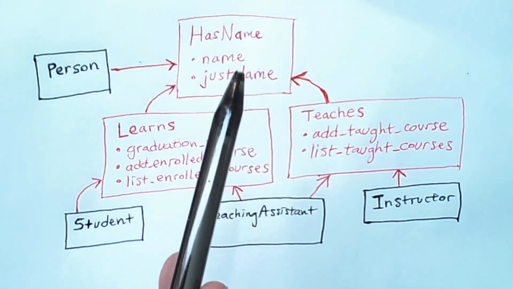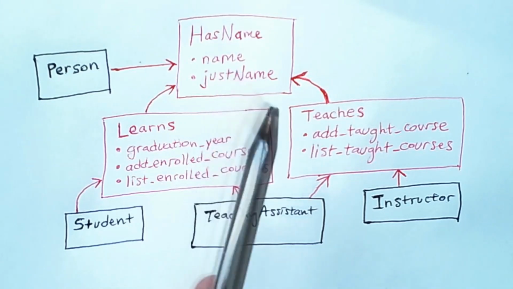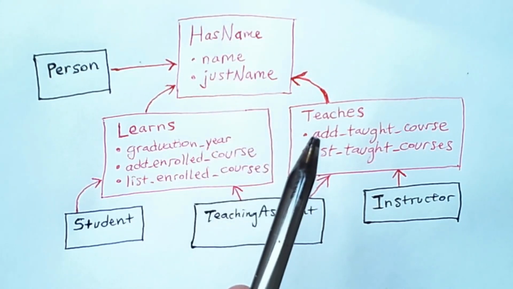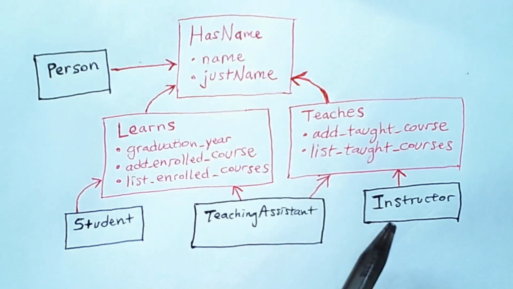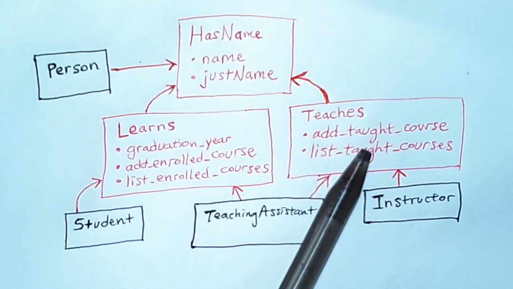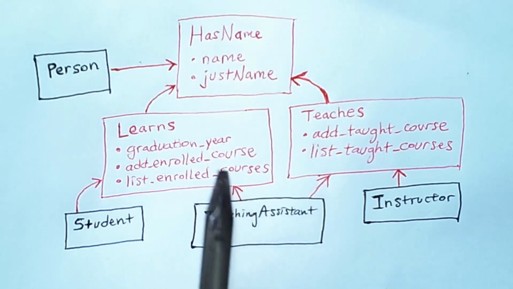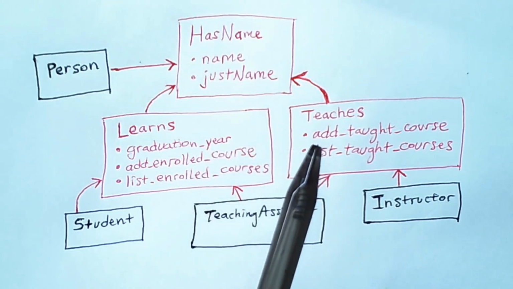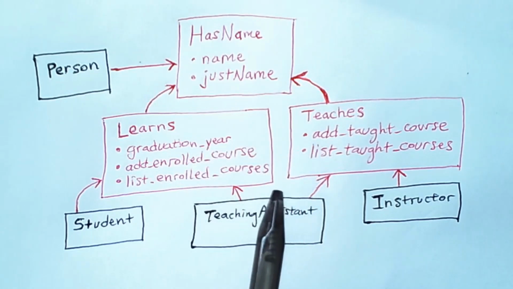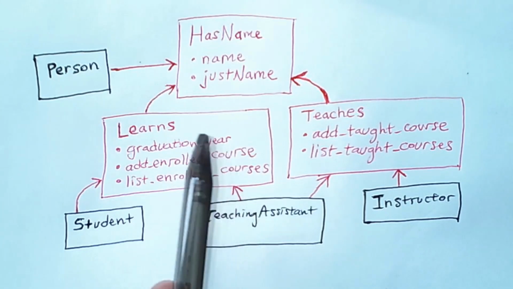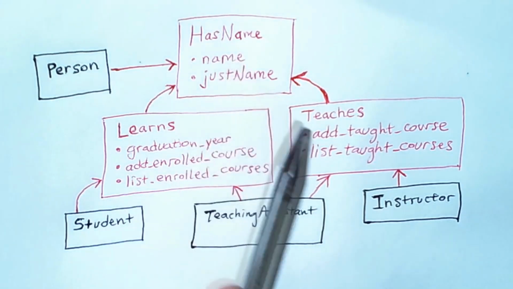It has name via inheritance, although we will override it in this module. And an Instructor is a class which includes the Teaches module. Then we have our new TeachingAssistant class that includes both Learns and Teaches. And you can see that among the modules, we have a diamond pattern of inheritance.